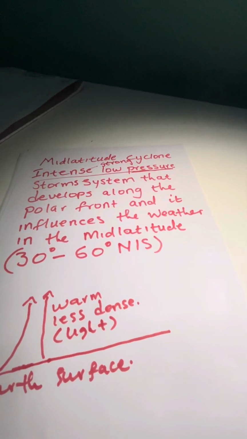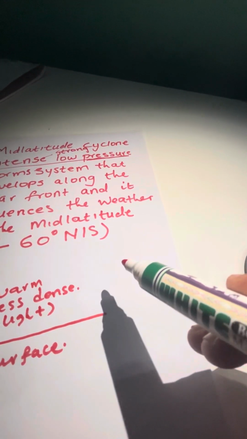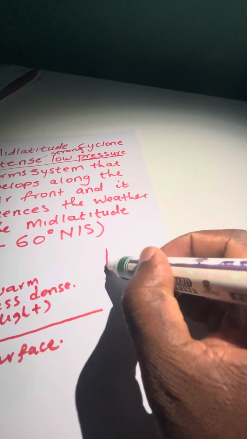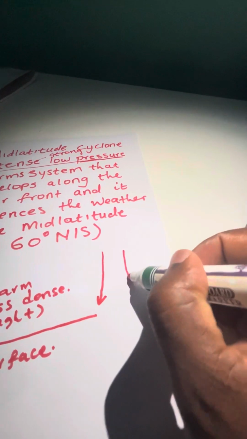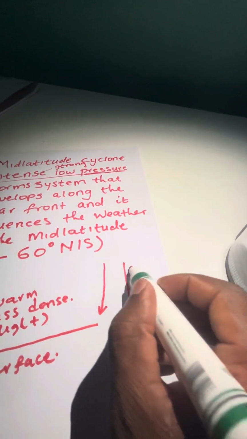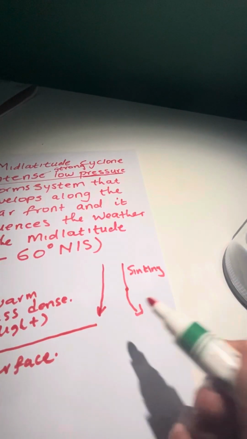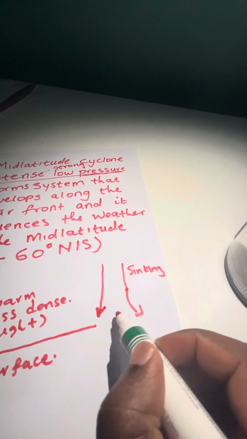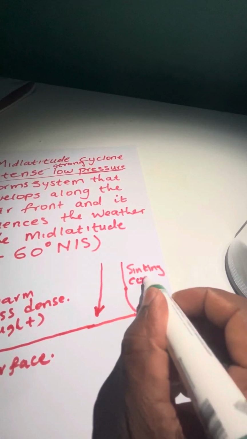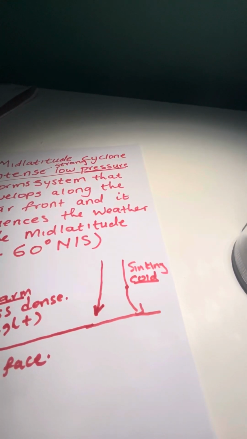But you also need to understand high pressure. If you want to understand more about low pressure, you need to know the difference. The difference is that in high pressure, the air is sinking, or descending, or subsiding. This air that sinks is cold. When we talk about warm and cold, we're talking about the air mass.